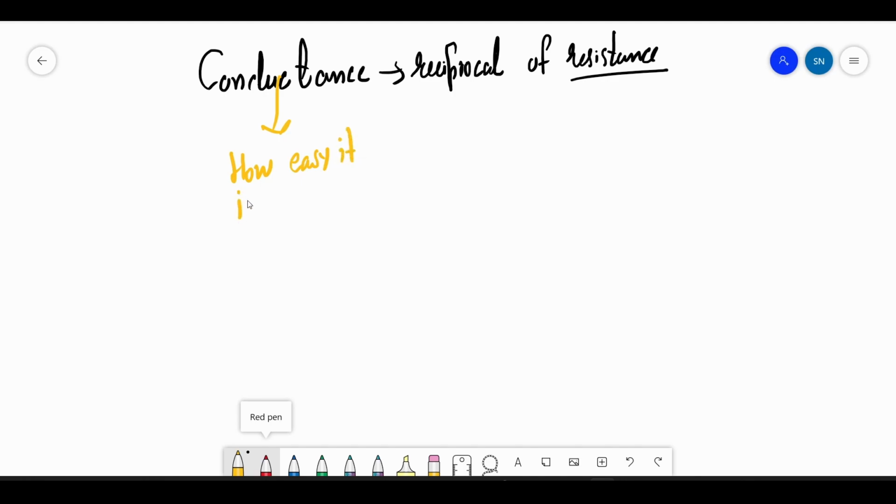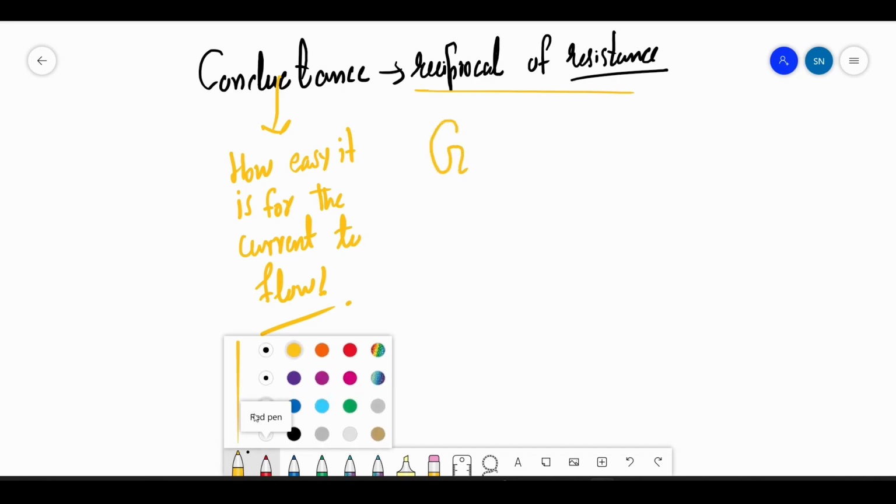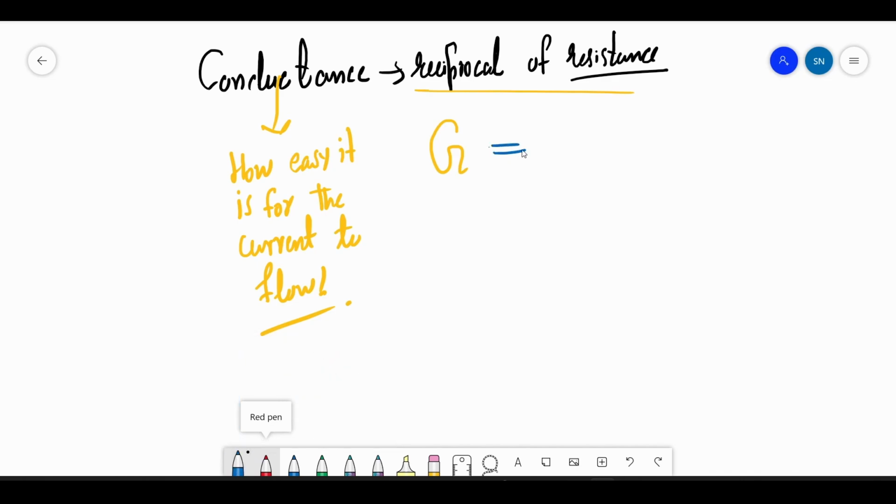Am I clear? Yes, sir. Okay. So conductance is denoted by G. And I said that conductance is the reciprocal of resistance. So G will be equivalent to 1 by R, right?